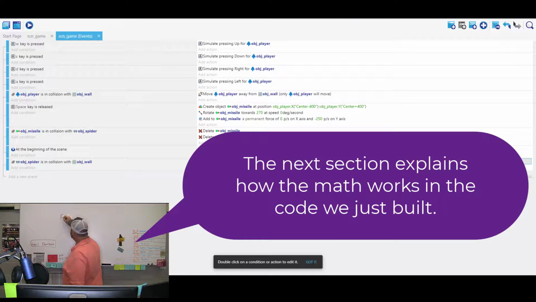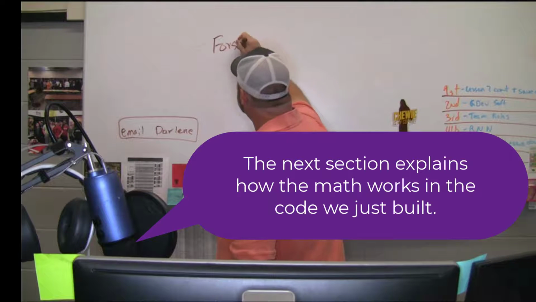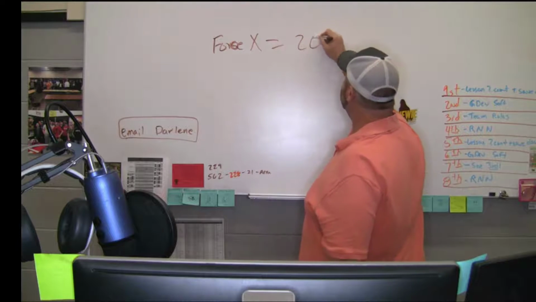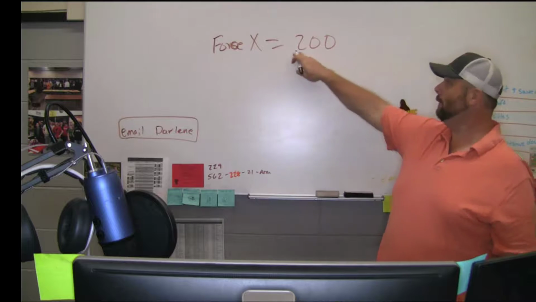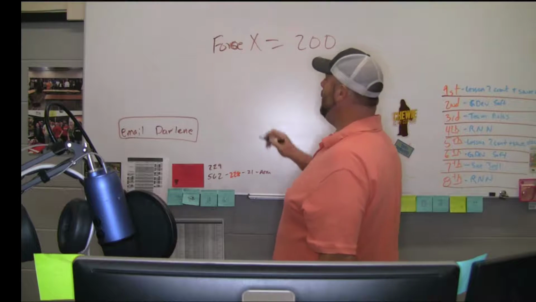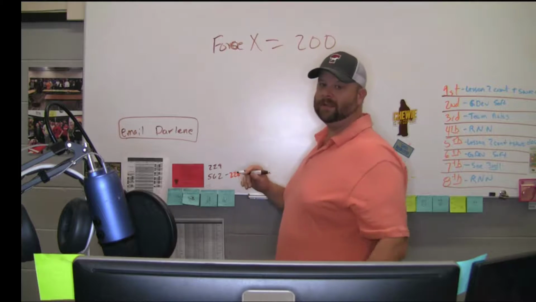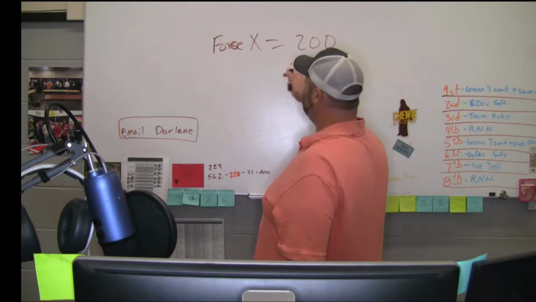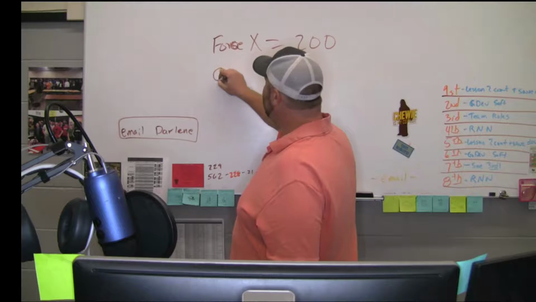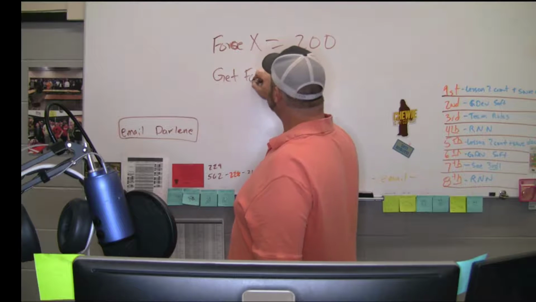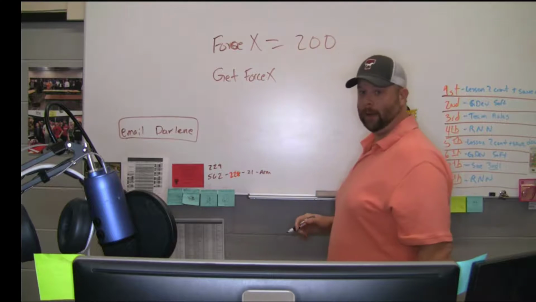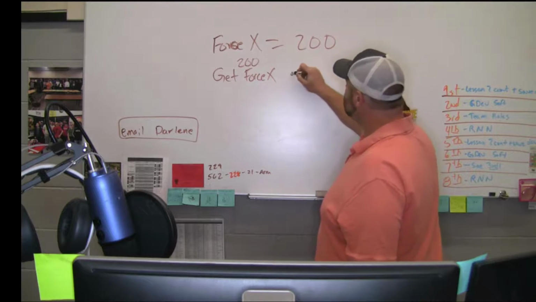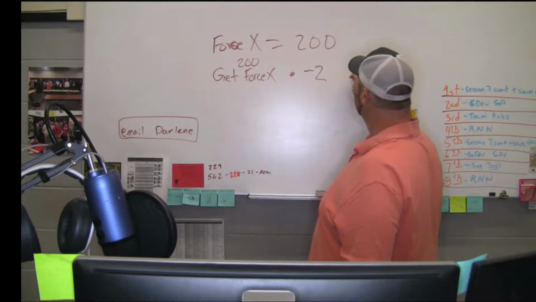So the force in the X direction equals 200, right? So this is the current force that's going on. And then what we're saying here is when we select add a force, we're going to add something to this 200. So what we did was we said, go and get force X of the spider, which is 200. And then we're going to multiply this times a -2. Okay?